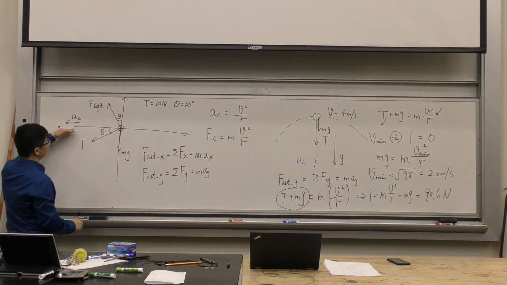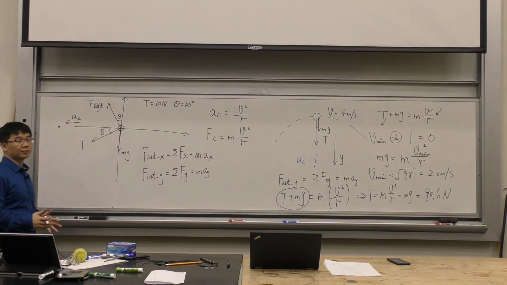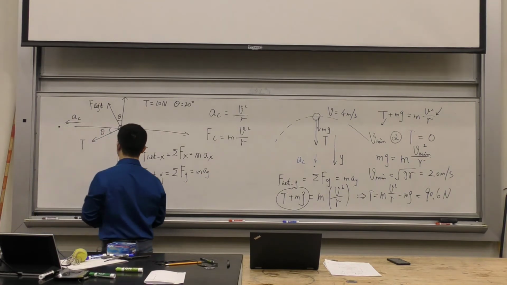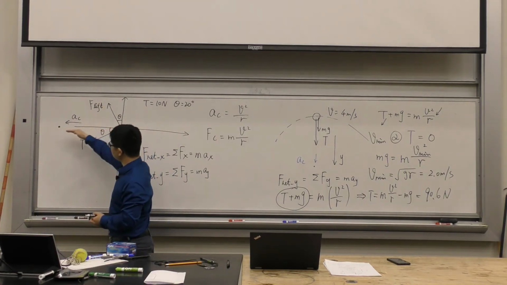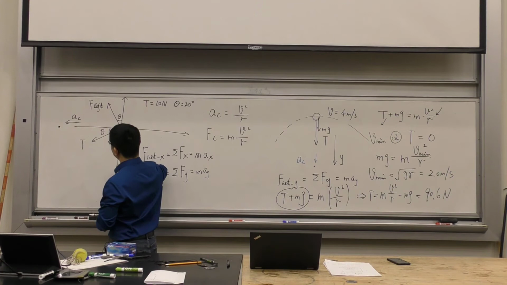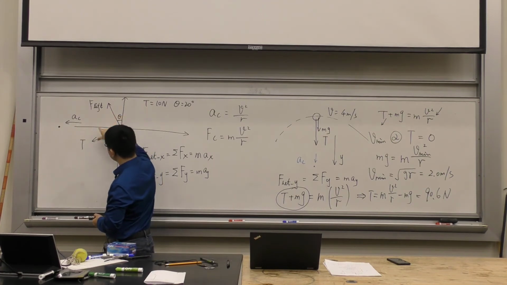So I'm still calling the horizontal my x-axis because I don't like breaking accelerations, right? Even though I could, I just prefer breaking forces. I'm more used to breaking forces. So I'm going to keep this as the x and this as the y. So I need to break this lifting force and the tension, these two forces.